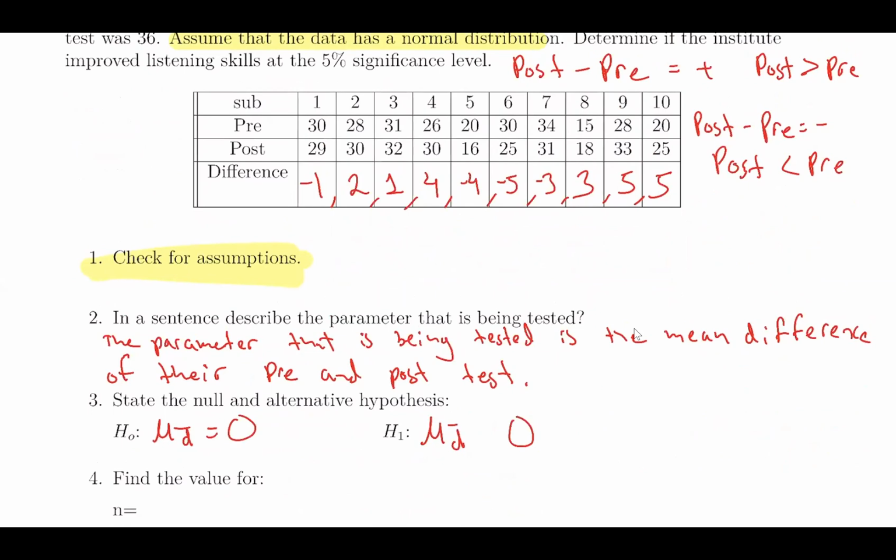Since we're trying to prove that people who took this program actually did better on the post exam, and people who do better will get a positive value, because if you do post minus pre and the post is bigger than the pre, you should get a positive number. So that's why we're going to say greater than. Everybody good for the null and alternate hypothesis?